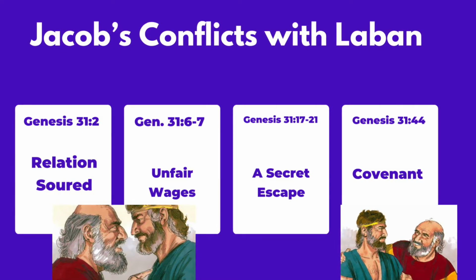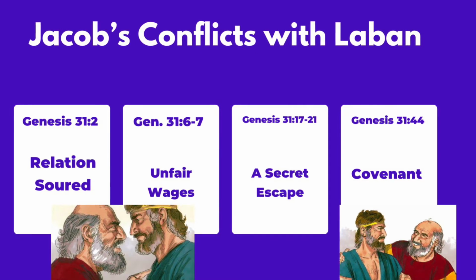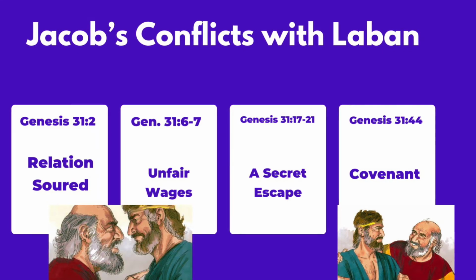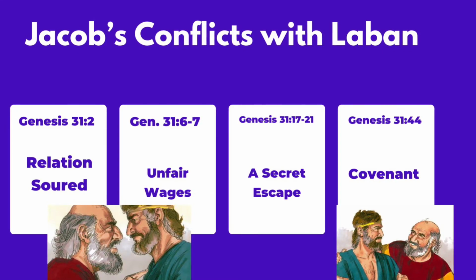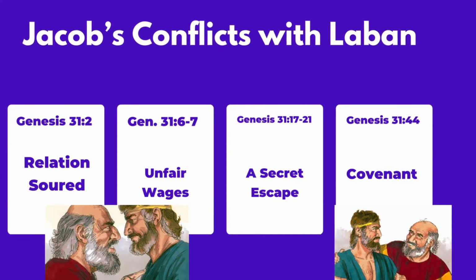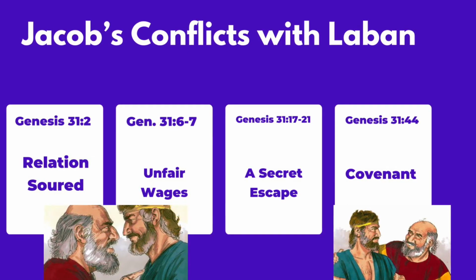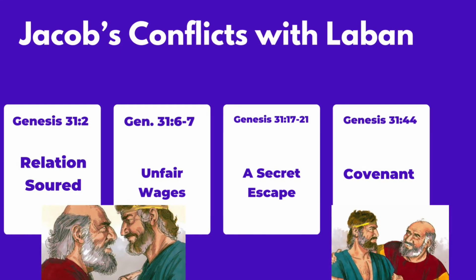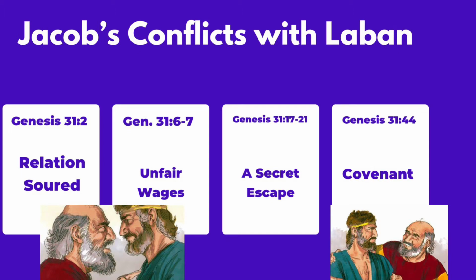However, God has not allowed him to harm me." In secrecy, Jacob and his wives took all they owned and left Laban's household. Later, Laban confronted Jacob, and the two agreed to a covenant to do no harm to each other, and the conflict subsided.